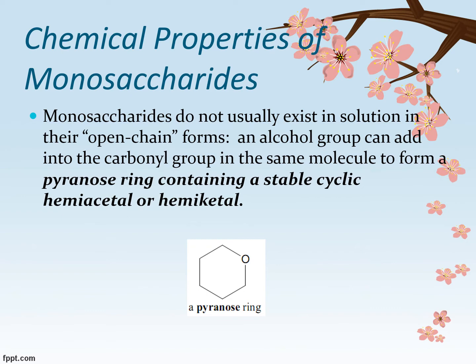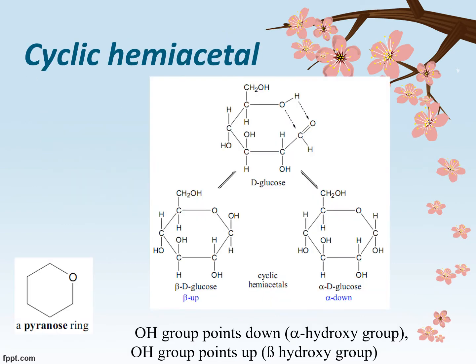So this is the pyranose ring. Now, how is this pyranose ring formed? Remember the Fischer projection just now. It looks like a fish bone, right? So you just imagine you bend this and meet this end here. You close it up so it becomes this pyranose ring.